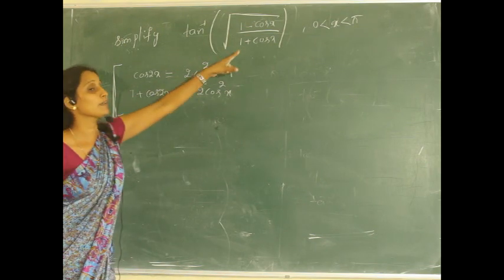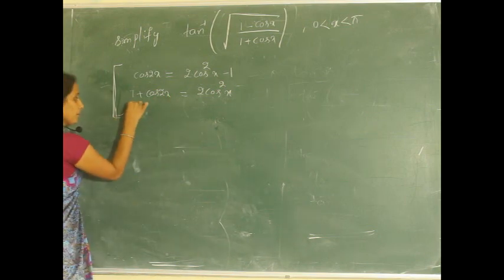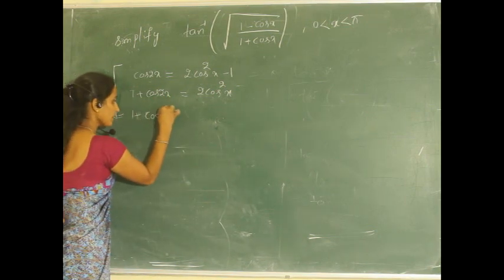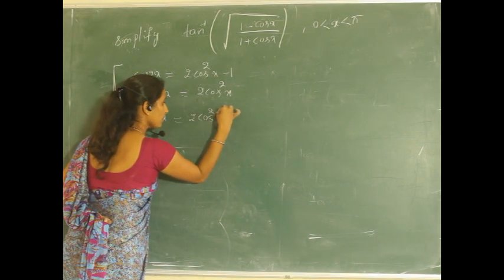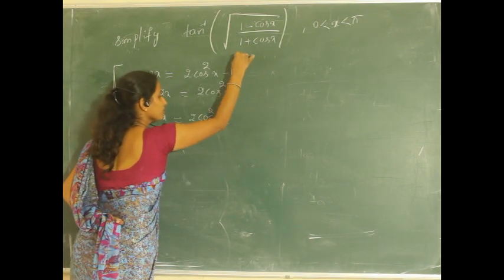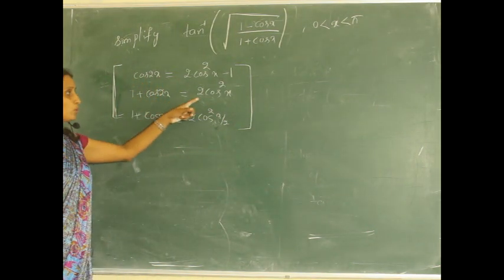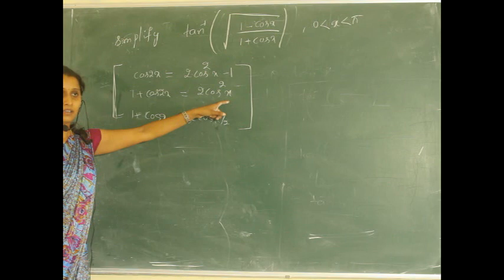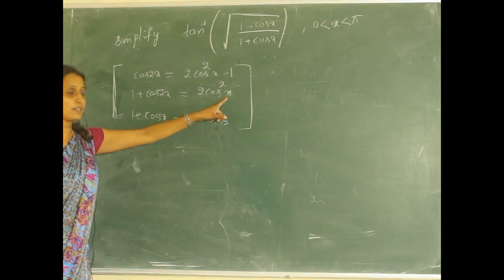But we want 1 plus cos x, not 1 plus cos 2x. So 1 plus cos x is equal to 2 cos square x by 2. This is the half angle formula. When it is cos 2x, it is 2 cos square x. When we need only x, that means half of 2x, so here also we have to take half of x, which is x by 2.